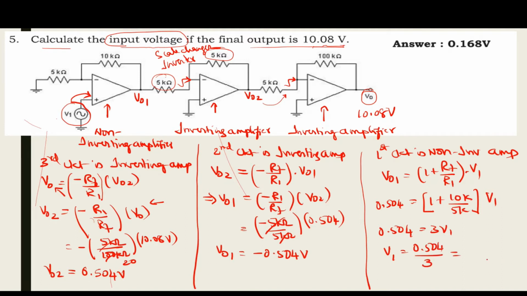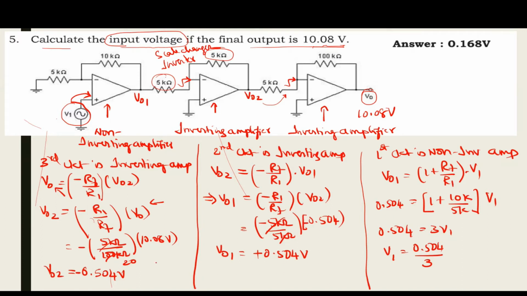Can you give me the answer? Now VO1 is minus 0.504. Actually, here I have missed out. This is minus, correct? So this will be minus, it becomes plus, correct?